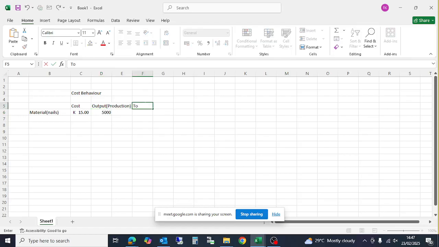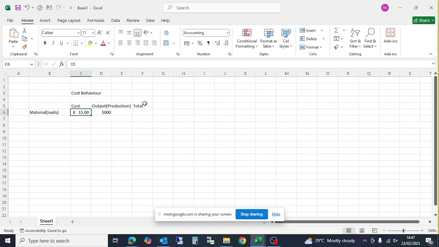Not really one nail, but a packet, the number of nails that we need for a desk.